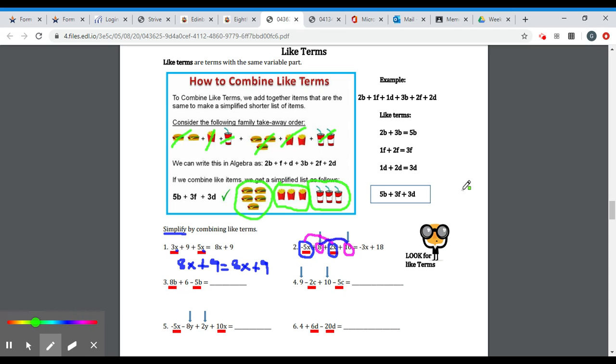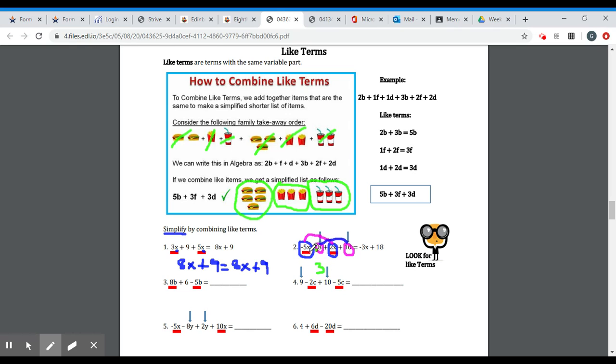Okay. So when I combine the negative 5 and the 2, well, remember my integer rules, I'm adding and the signs are not alike. I have a negative and I have a positive. So that means I'm going to subtract, right? So what's 5 minus 2? That's going to be 3. And which number is bigger, the 5 or the 2?